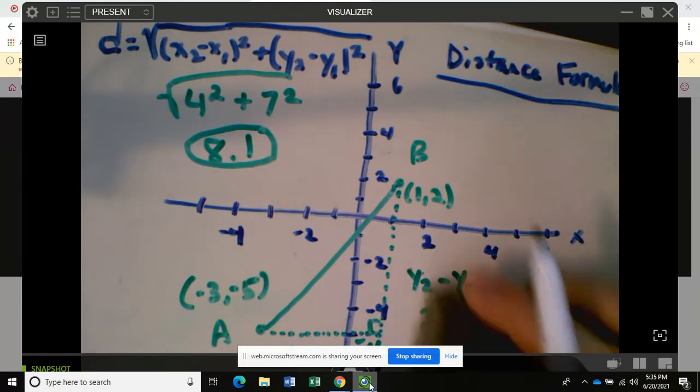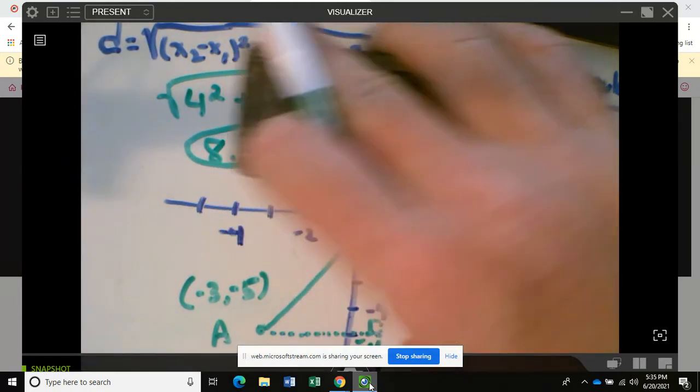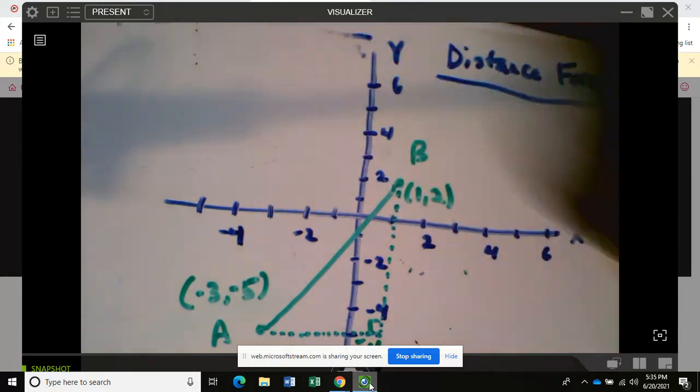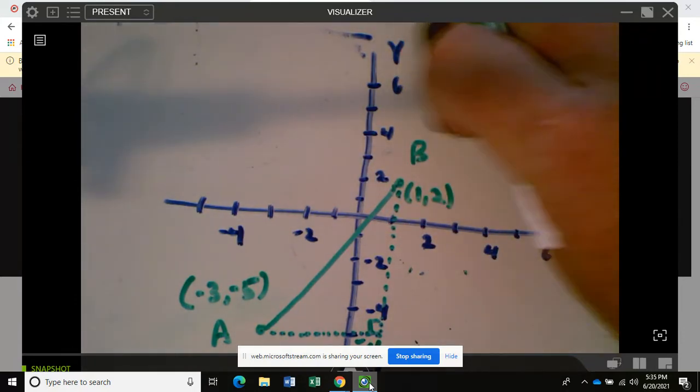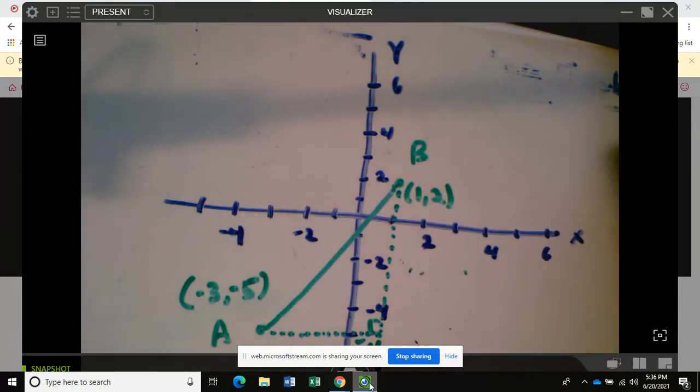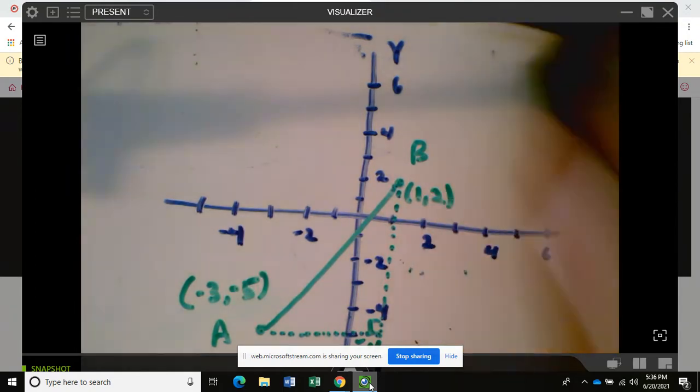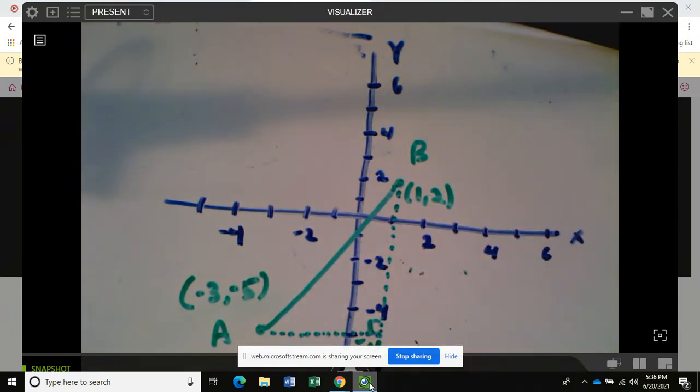All right, so let's talk about midpoint formula. The midpoint would be the middle of the segment, or halfway between the 2 points. So let's just use these same 2 points, but let's change it to midpoint formula.